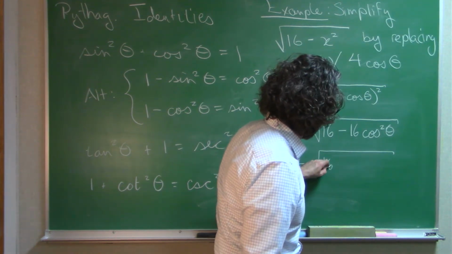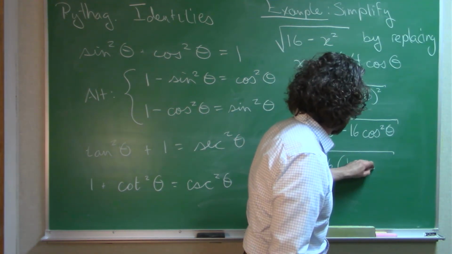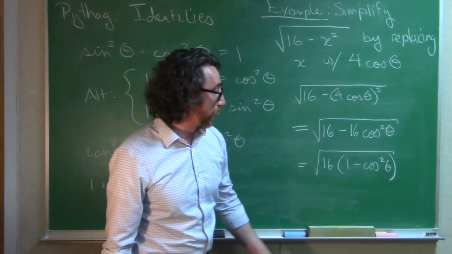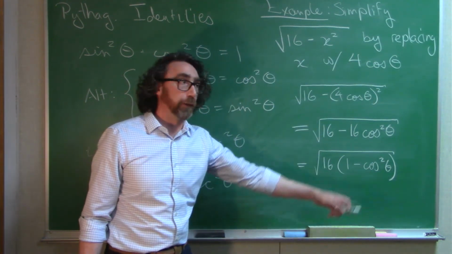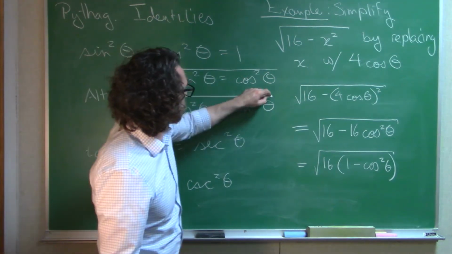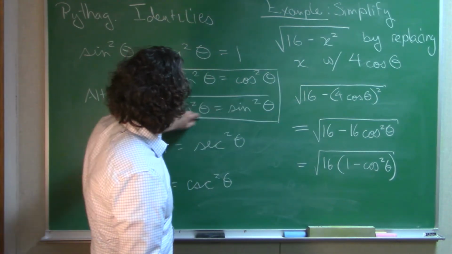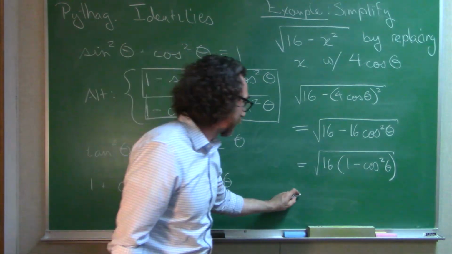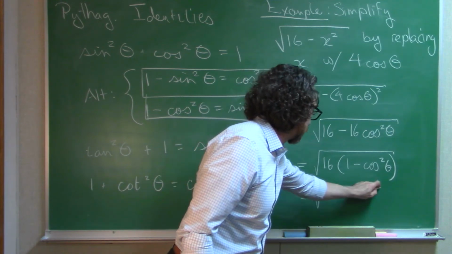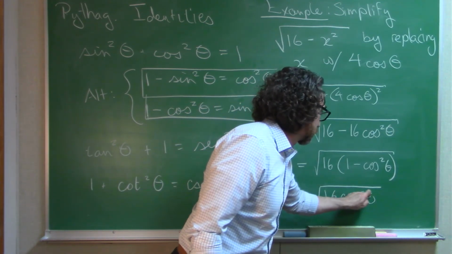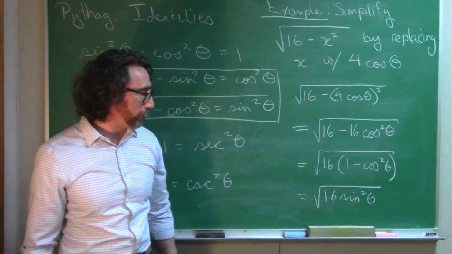Notice both terms have a 16. Going to factor that out. Now look what I have right here. 1 minus cosine squared. Whoops. I guess it's this one down here that I want to use. 1 minus cosine squared, we can replace that with sine squared. 16 sine squared theta.